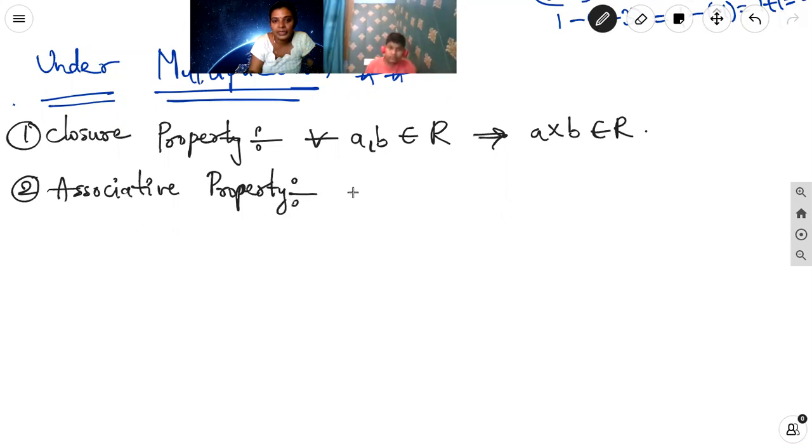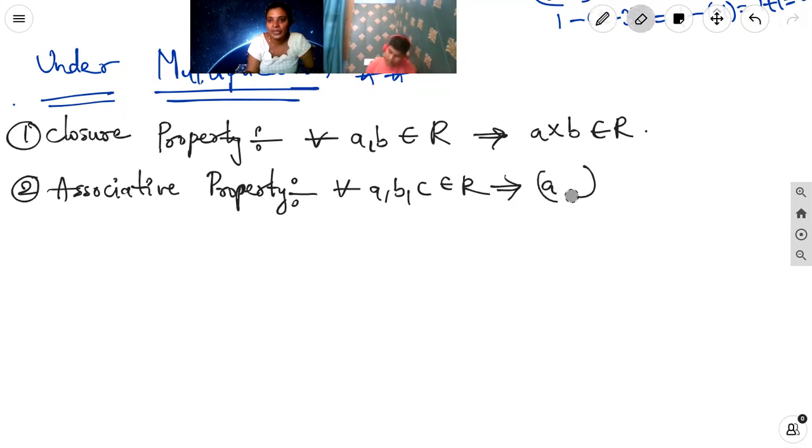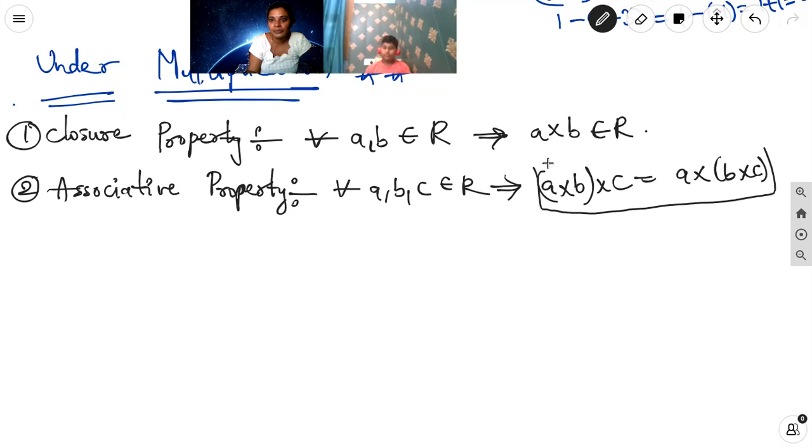For any A, B, C belonging to capital R, (A into B) into C equals A into (B into C). It is the associative property.